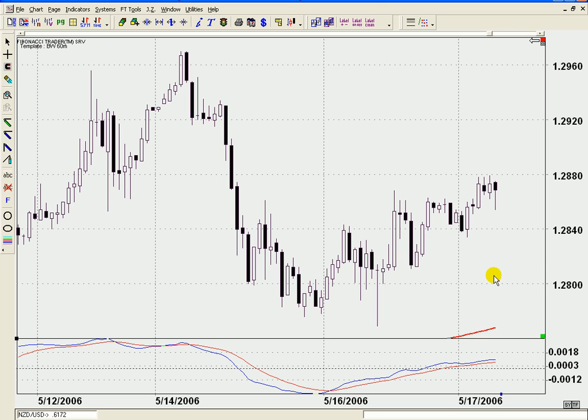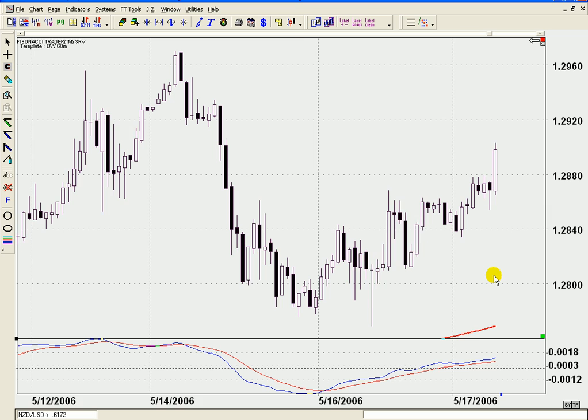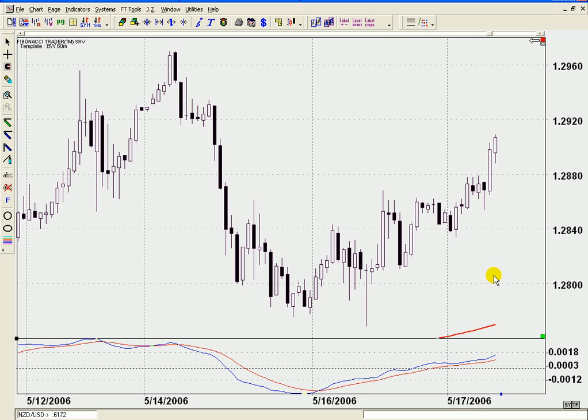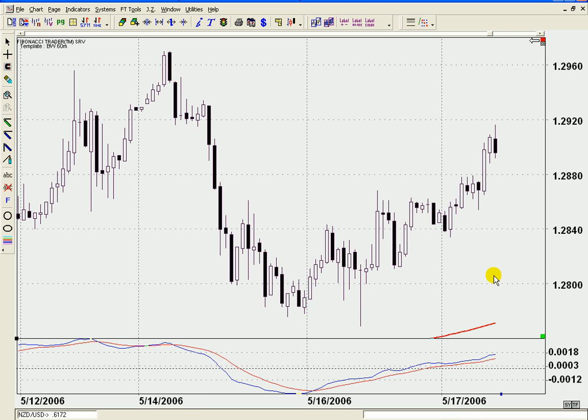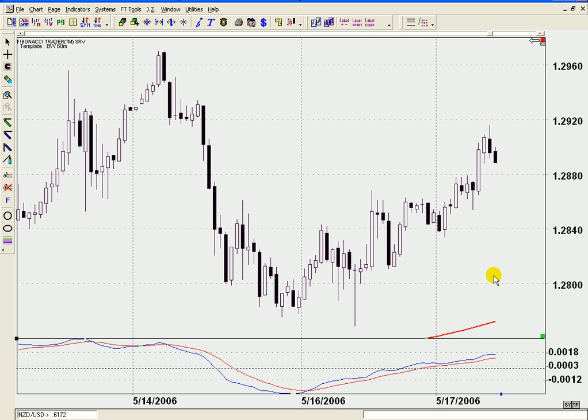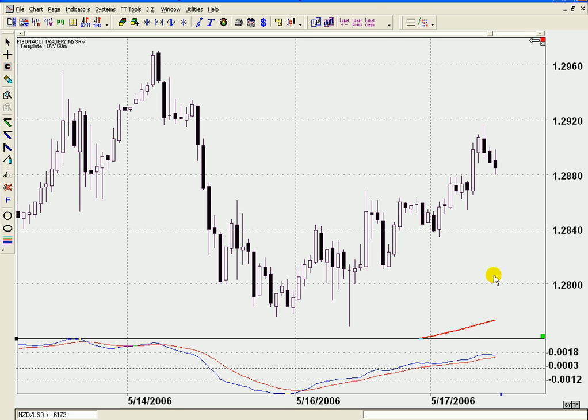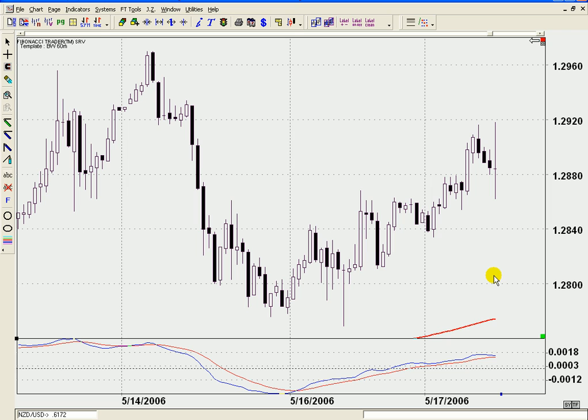Price is now making a high here. What do you see here now? I'll tell you what I see: I see this support, which is becoming resistance, which we'll cover in the next section.